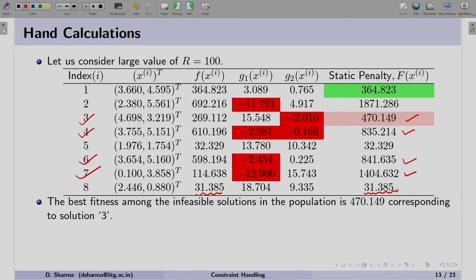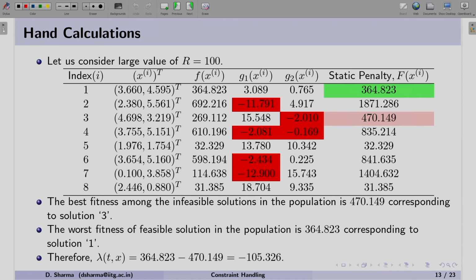from the table. Looking at this particular table, among all the infeasible solutions, the worst infeasible solution corresponds to solution number 3, having a fitness of 470.149. Similarly, we have used 2 color codings in the last column.